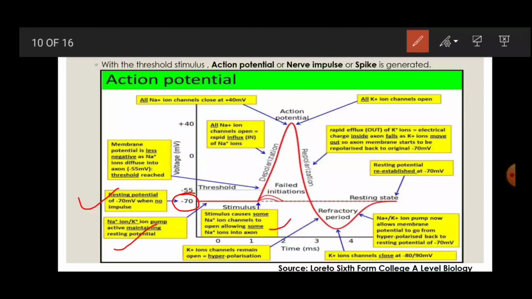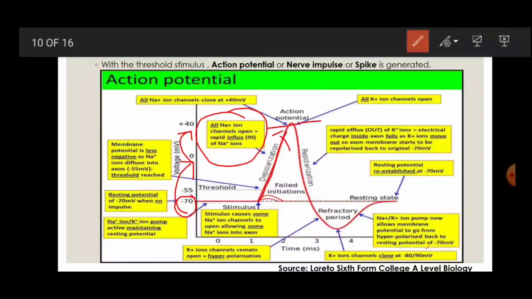Now when a stimulus of threshold value is given, meaning a stimulus 10 millivolt higher than the resting membrane potential, so around minus 55 to minus 60 millivolt, then an action potential is generated. It will lead to the opening of the voltage gated sodium channels and depolarization occurs, and the membrane potential starts changing from minus 70 towards 0 and finally to plus 40 or plus 30 millivolt.